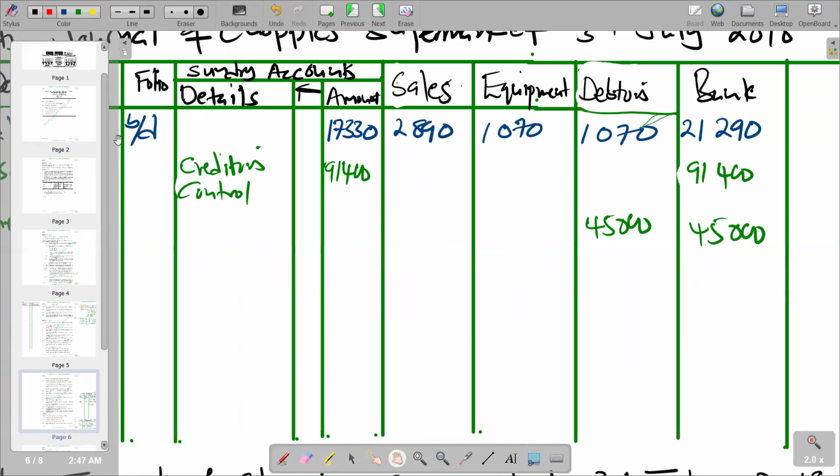Same thing, we're going to put our double lines, starting from our amount here.